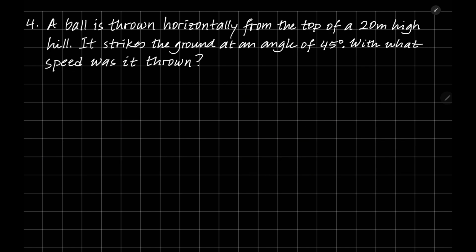This is question 4. A ball is thrown horizontally from the top of a 20 meters high hill. It strikes the ground at an angle of 45 degrees. With what speed was it thrown? Let's draw a picture. This is the ball. It's thrown horizontally.